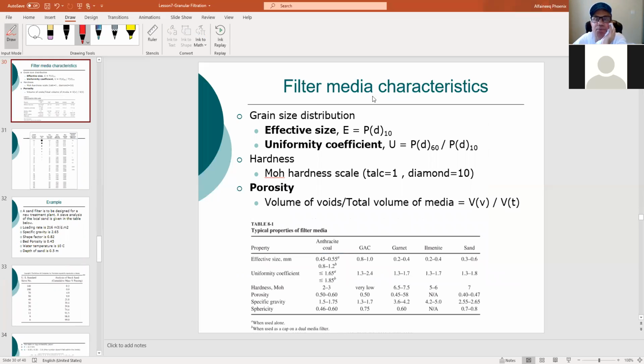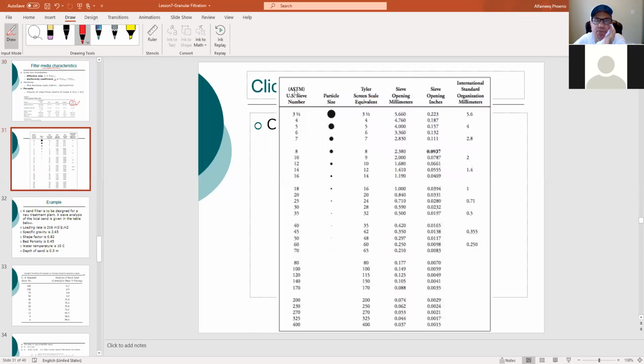What kind of media can you use? See here the effective size and the uniformity coefficient, which you did in soil mechanics: diameter 60 divided by diameter 10. We know that one here, and you use sand mostly. This is the effective size of a particle desired for filters, using a standard sieve.